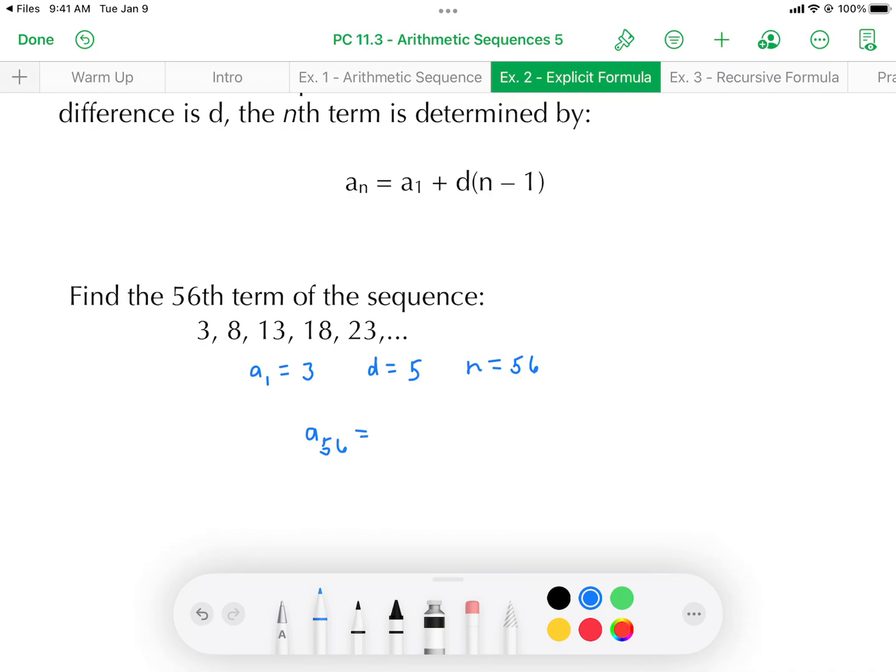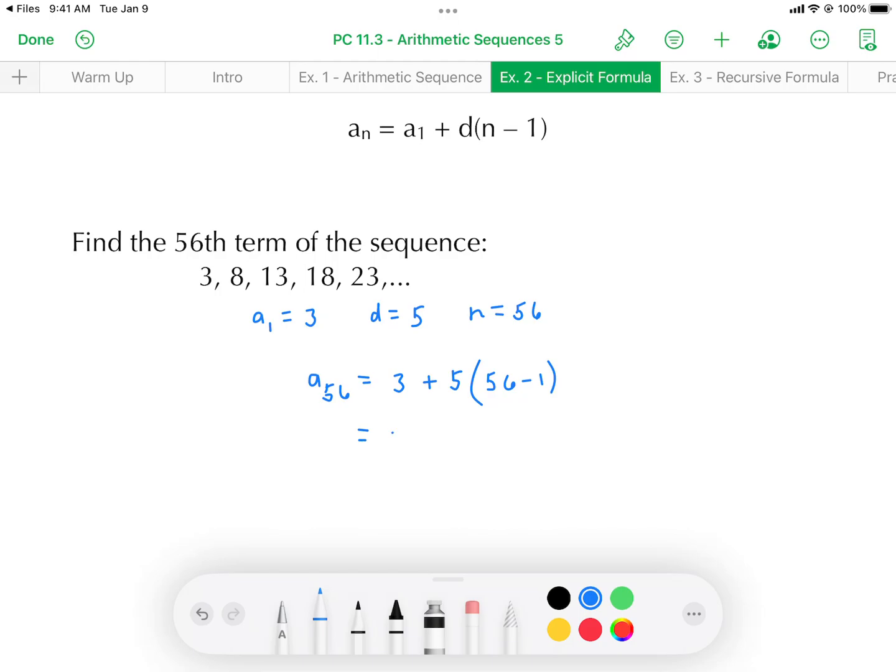That will be equal to that initial term of 3 plus the common difference of 5 times 56 minus 1. Or that's 3 plus 5 times 55. Or 3 plus 275, which is 278. Questions there?